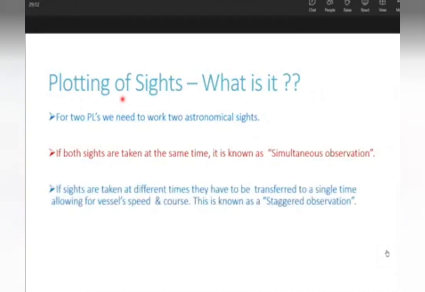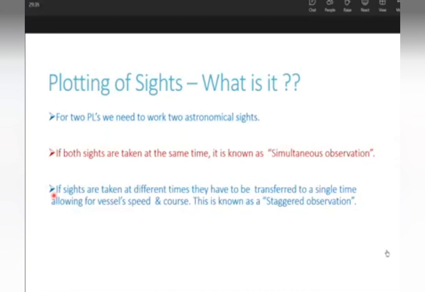Now in some other situations, it is possible that there may be only one celestial body available to us at a particular time. Let us say, for example, you want to take a site during daytime. The only body which may be available at that time could be the sun. Now with no other celestial body available, it is not possible to take a simultaneous site.